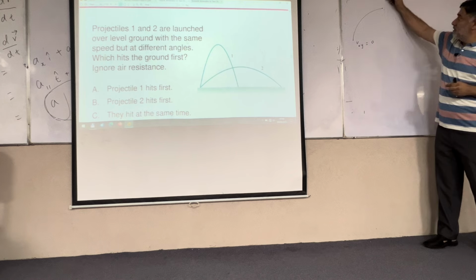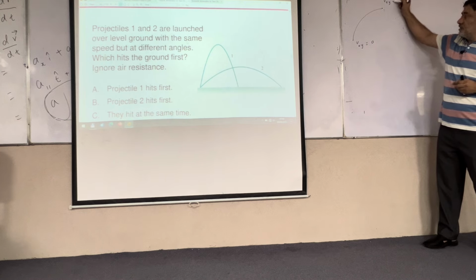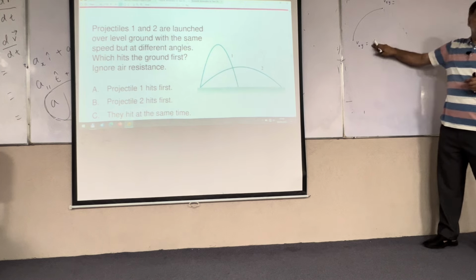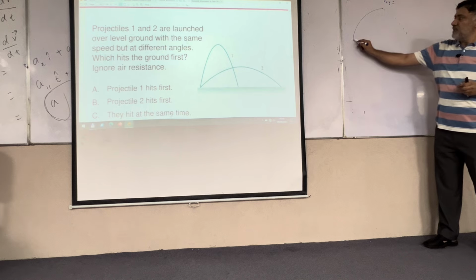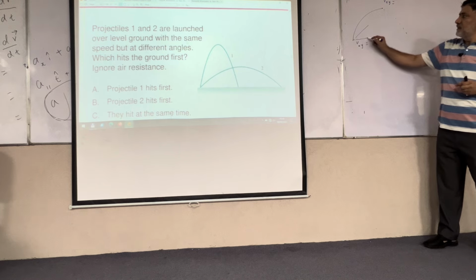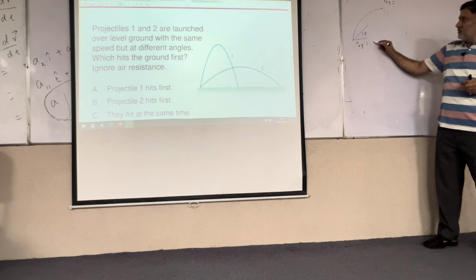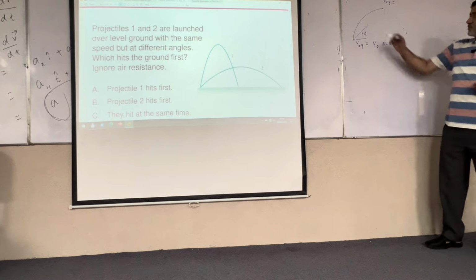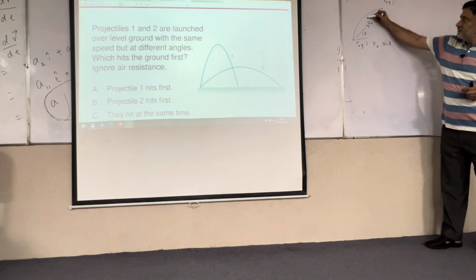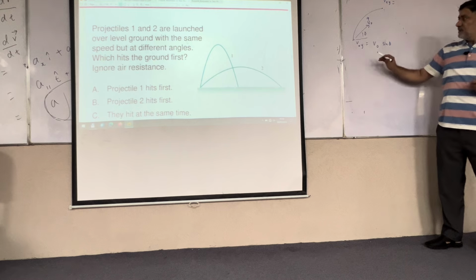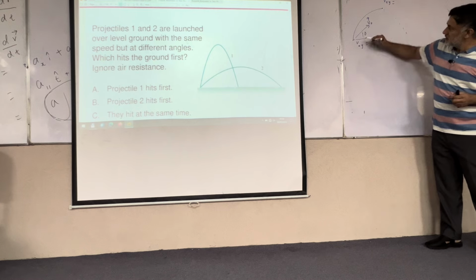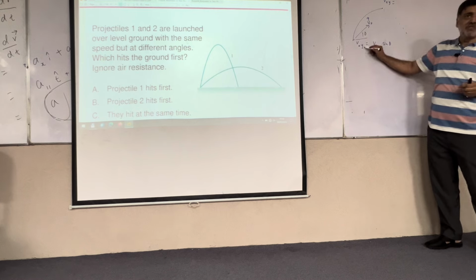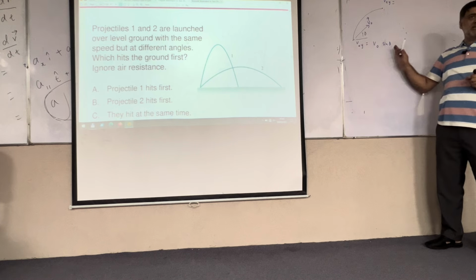So this will be v1 y equals, ये 0 नहीं है, सॉरी. ये चूंकि थीटा है ना, if this is theta, this will be v naught sine of theta. So if this is v naught and this is theta, v0 y will be v naught sine theta.